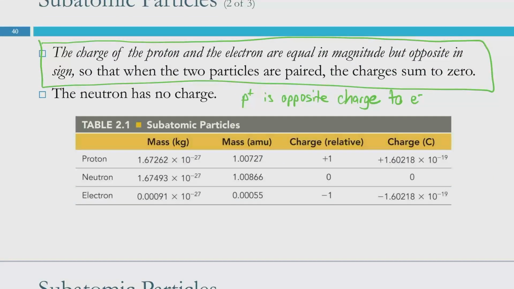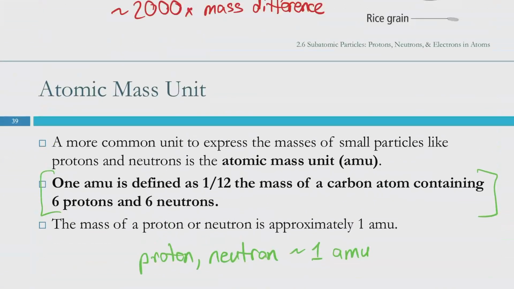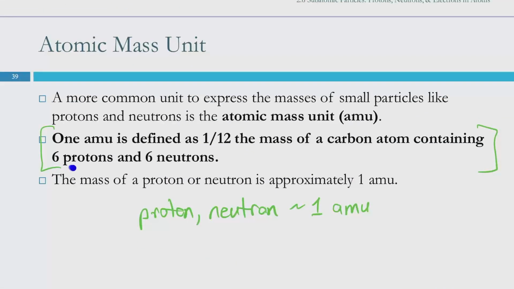Another thing that I'd like to point out, some of you, if you're very astute, might notice that our mass for our proton and our neutron are both above 1 AMU. But it's based on 1/12 the mass of a carbon atom that's 6 protons and 6 neutrons.